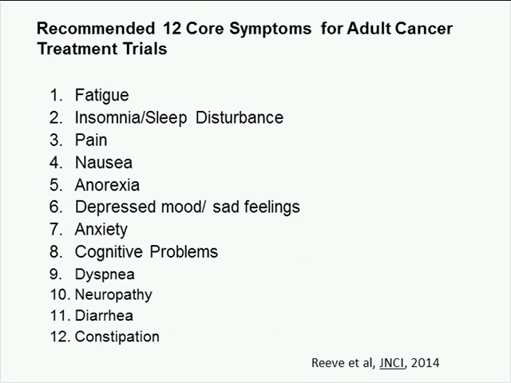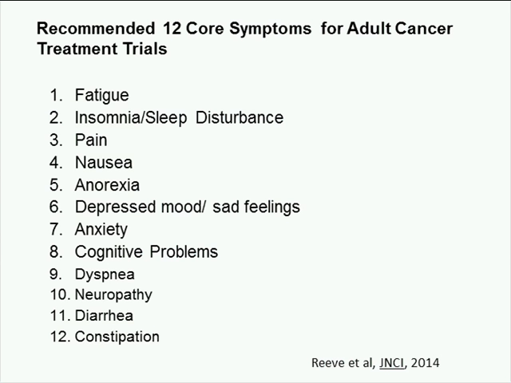Fortunately, we now have a guideline that's been proposed and published in the Journal of the National Cancer Institute by Reeve et al. just this year, recommending 12 core symptoms for adult cancer treatment trials: fatigue, insomnia, pain, nausea, anorexia, depression, anxiety, cognitive problems, dyspnea, neuropathy, diarrhea, and constipation.